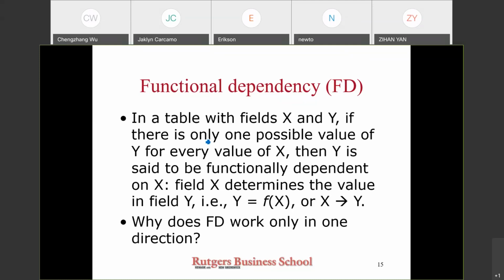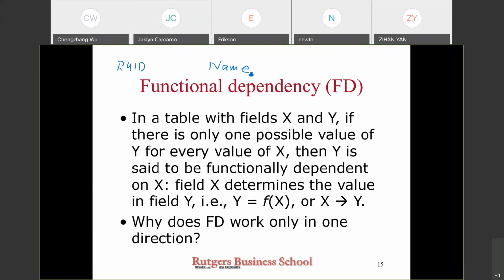For every instance of the student's ID number, for example, in Rutgers University, we have RUID, there would be exactly one name of the particular student.